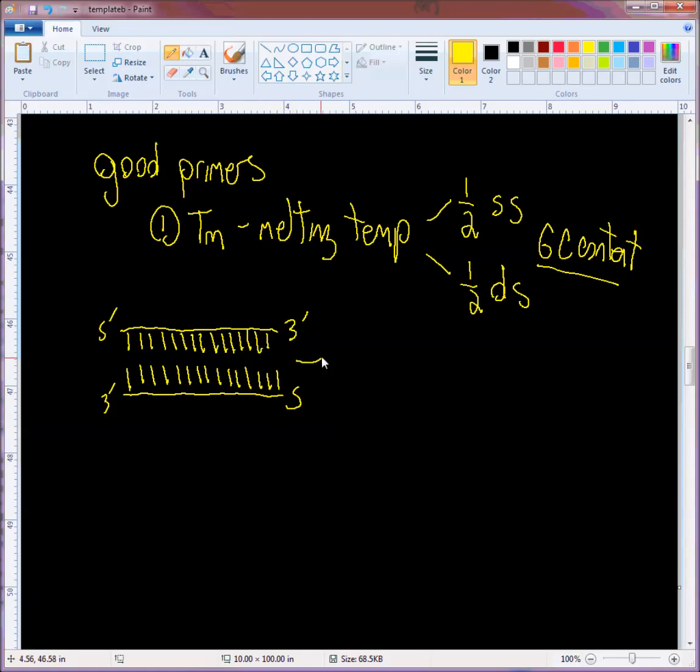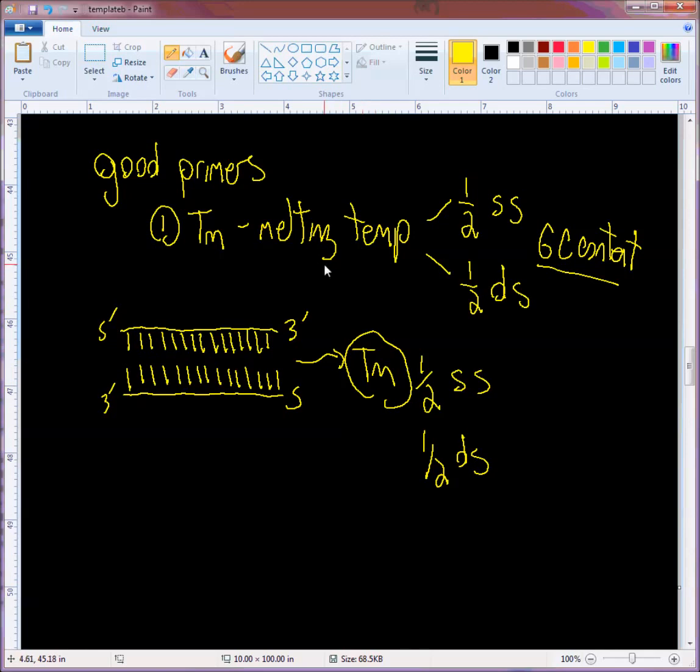So the TM of our primer is going to be the temperature at which half of the DNA in our solution of primer and its complement are single-stranded, and half are double-stranded. Okay, so that's going to be the TM of our primer.